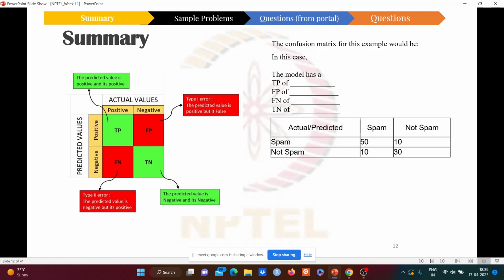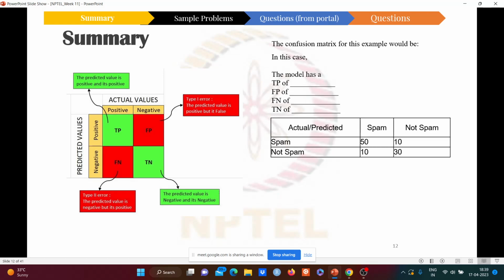So the confusion matrix has four metrics: true positives. These are the number of instances that were correctly predicted as positive by the model and actually are also positive. Next is false positives. The number of instances that are predicted positive by the model but are actually negative in reality. Next is false negatives.